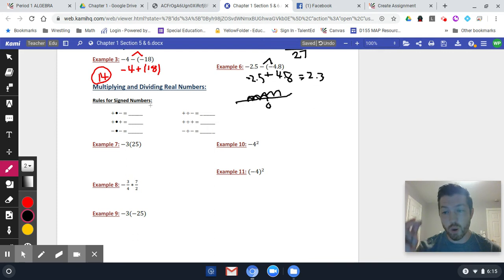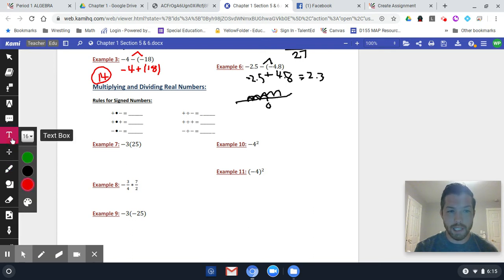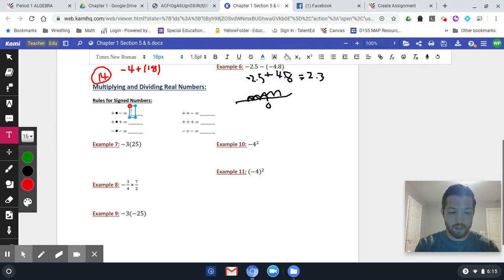These are super important. A lot of them we kind of know just off the top of our heads, but these are the rules to multiplying and dividing, okay? So these rules hold true no matter what number, any 2 numbers in the entire world. These rules will always be the same. So a positive number times a negative number is always going to result in a negative answer, okay?